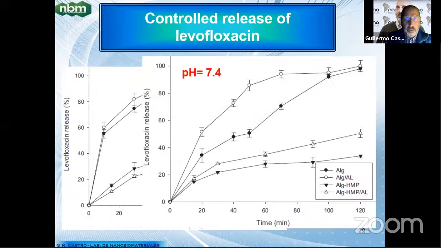At pH 7.4 it is also the same kind of trend. So the presence of alginate lyase changes the profile as well, with the pectin. So this is very interesting because we can play with different alternatives. Also using different kinds of alginates and different kinds of pectin polymers.